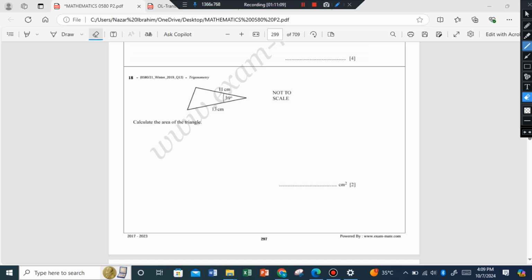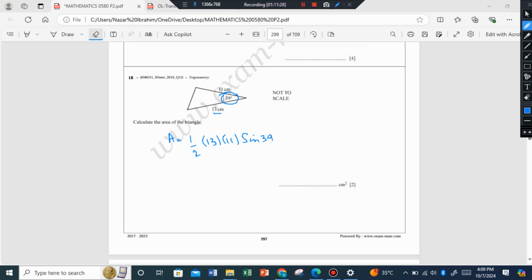So we are given two sides and the included angle, which are the requirements of the area formula. So area is equal to half, A is 13, B is 11, and sine 39.